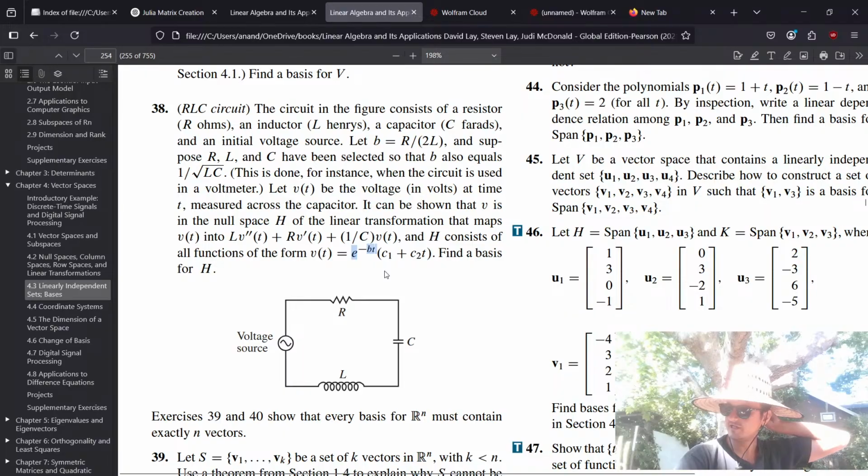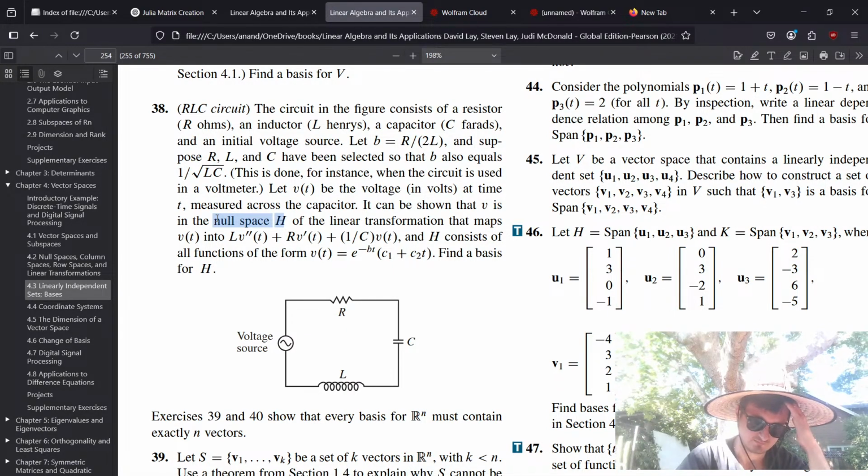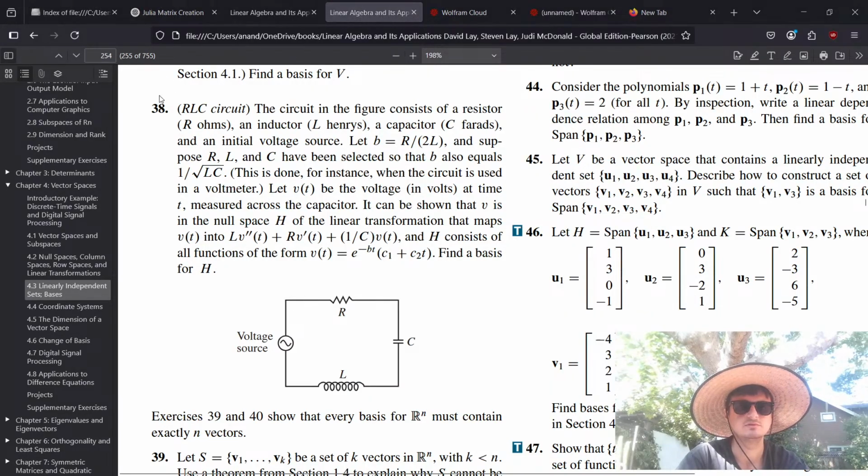So it's more wordy than anything, because they're not asking you to show that v is... so H is the null space. So you're trying to find a basis of a null space. I don't know. I need some help on this one.